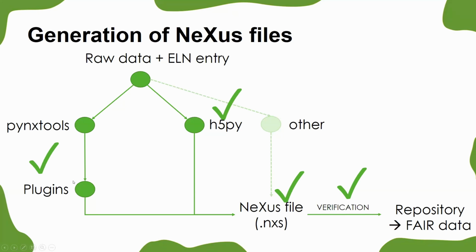So I showed you pynxtools, then the specific plugins for Raman and ellipsometry. I showed you how to use the h5py package if you want to use basic Python to create NeXus files, how NeXus files look, and then also a short part about the verification. After that, you can upload the data to a repository, and for example this can also be done in NOMAD.